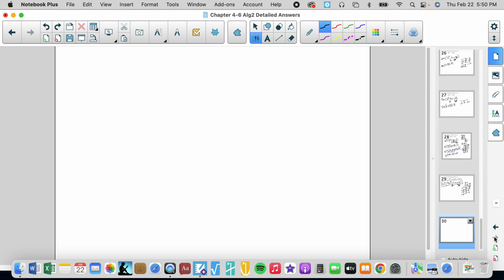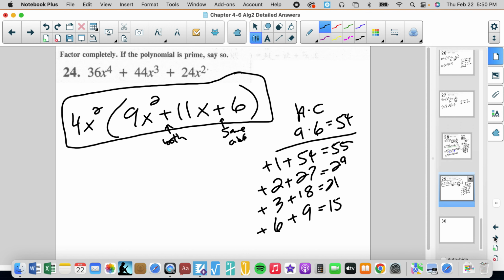Number 24. Let's see, number 24. Additional answers in the back. I hate when books do that. Just tell me, make space or something already. Chapter 2, Chapter 5, Chapter 4, oh, where are you?